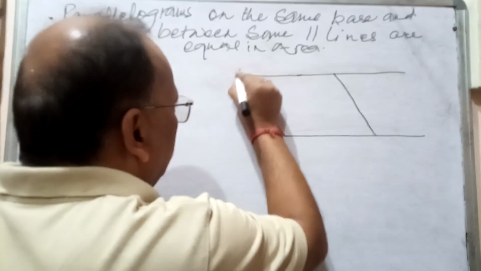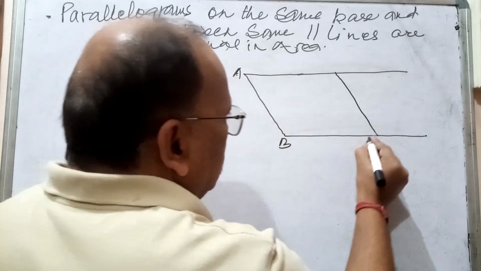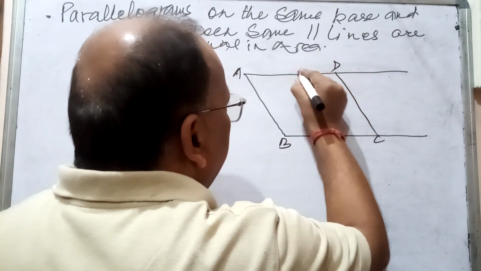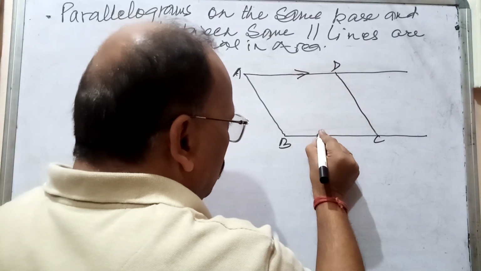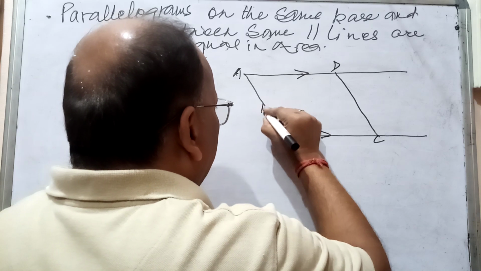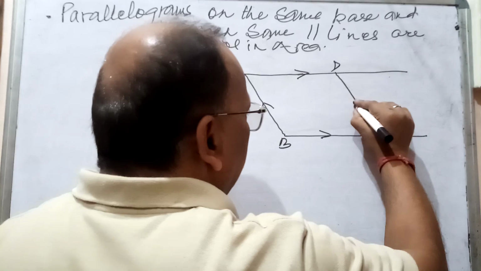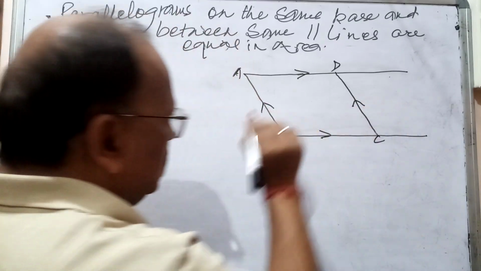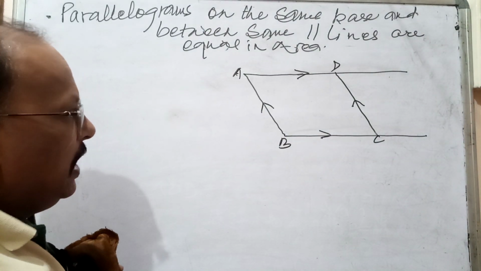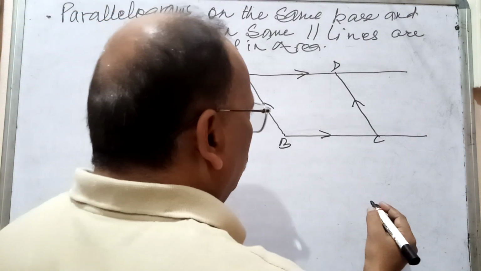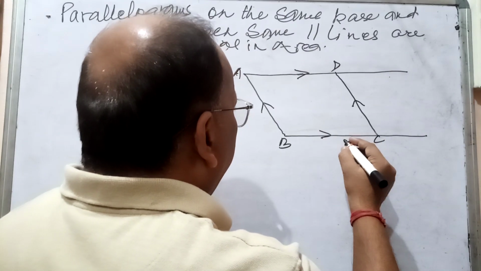This is A, B, C and D. Here AD is parallel to BC, and AB is parallel to CD. Another parallelogram you need to draw here.